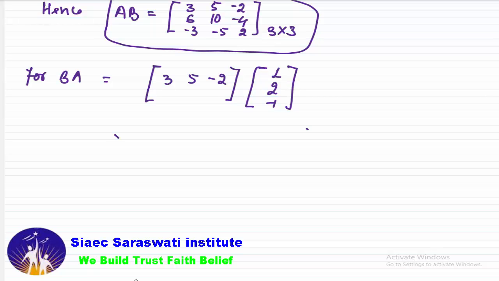As you know, this will decide the row and this will decide the column.